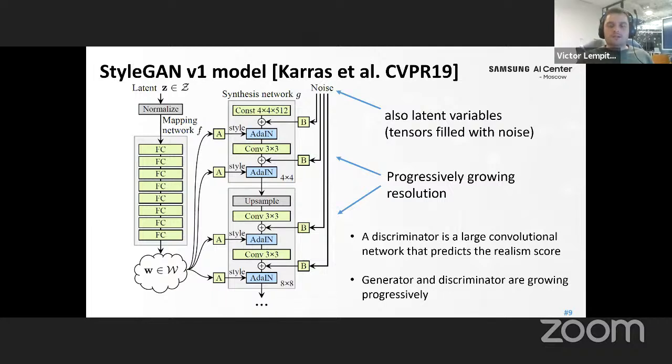So this is in a nutshell the StyleGAN V1 model for static image generation. And the second is quite similar. And so it is trained adversarially against a large convolutional network, the discriminator that assesses the realism.